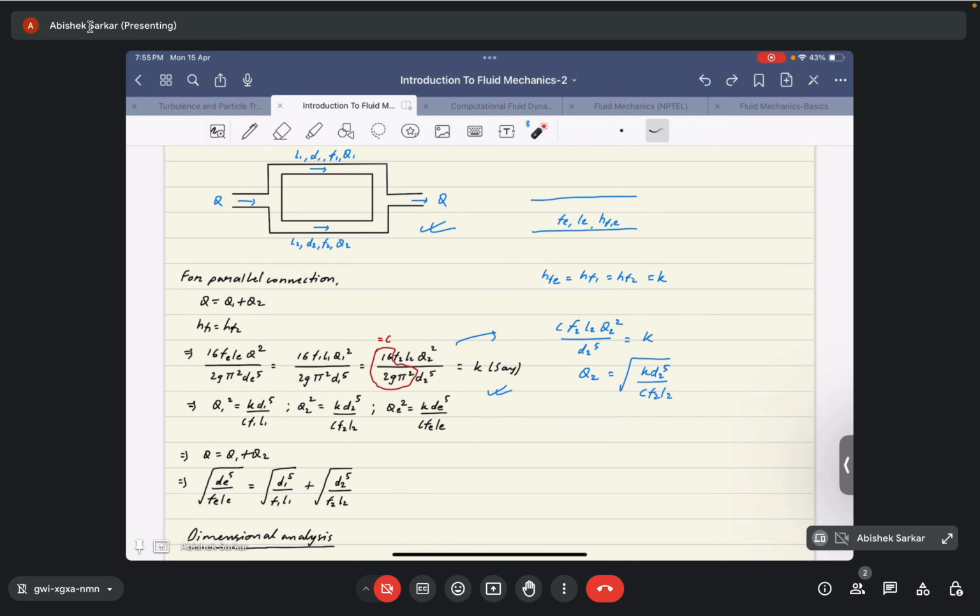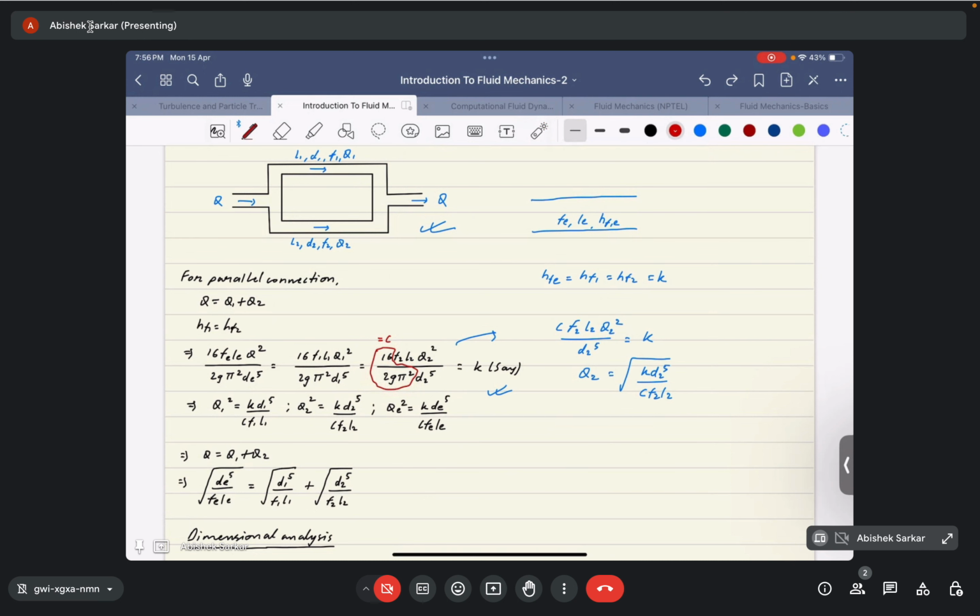Okay, then we can write, if we just take 16 by 2g pi square as some constant c, say, then we can write Q1 square would be equal to k d1 to the power 5 by c f1 l1. Okay, so we just write it for one case so you can understand.